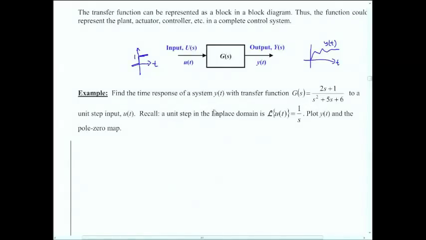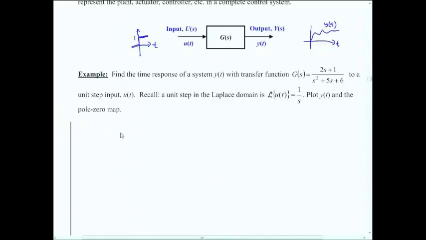And a unit step in the Laplace domain is 1 over s, if you look at the tables. Okay, the Laplace transform of this is 1 over s. I want you to plot y of t and find the pole zero map. Let me just start by finding the pole zero map.